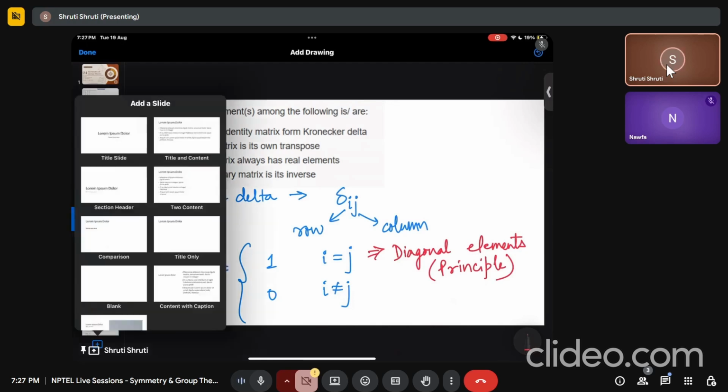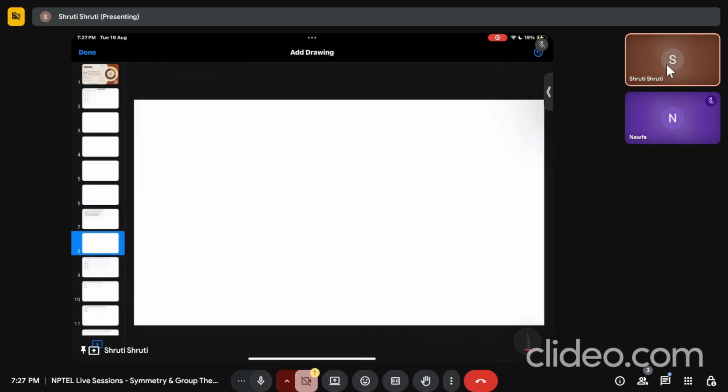Okay, so delta 1 1, delta 1 2, delta 1 3, delta 2 1, delta 2 2, delta 2 3, delta 3 1, delta 3 2, delta 3 3.